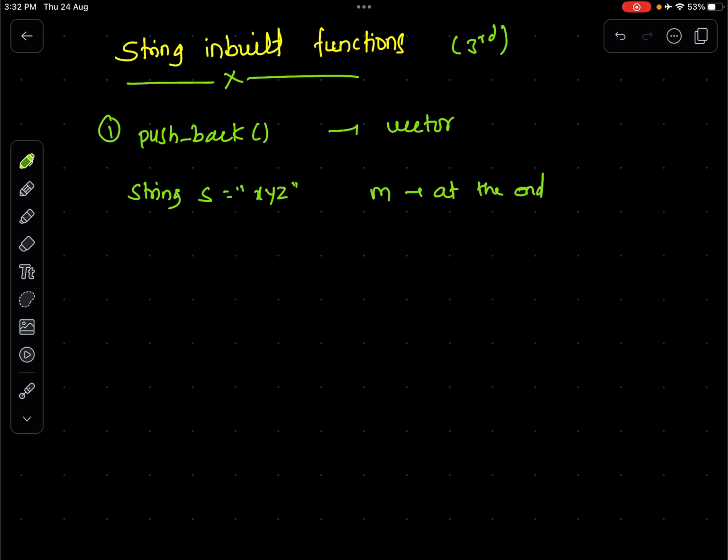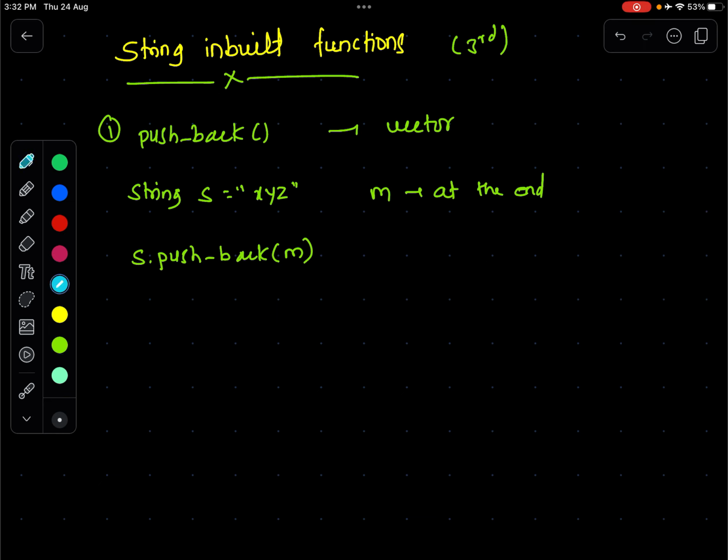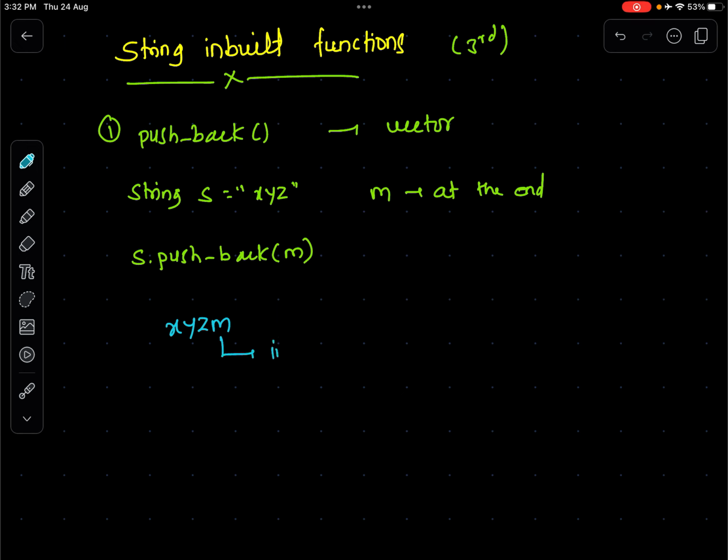So what I will do is s.push_back, and I will simply write it as m. So what will be my output? My output will be simply x, y, z and m, because this m is inserted with the help of this.